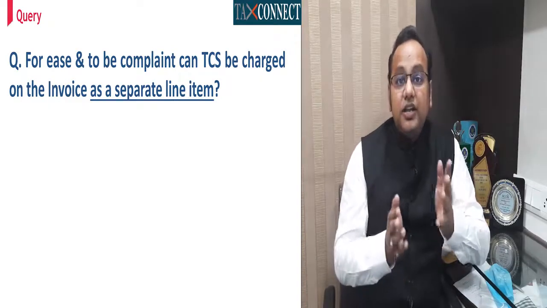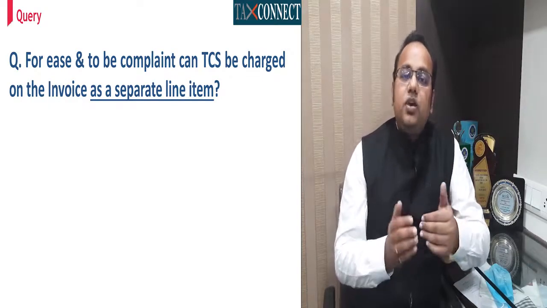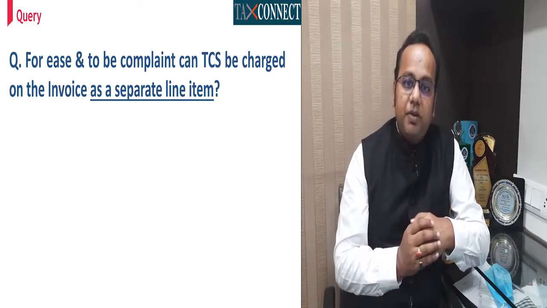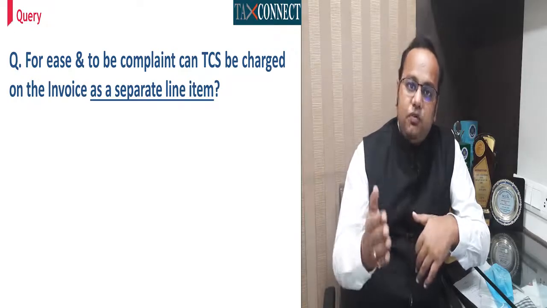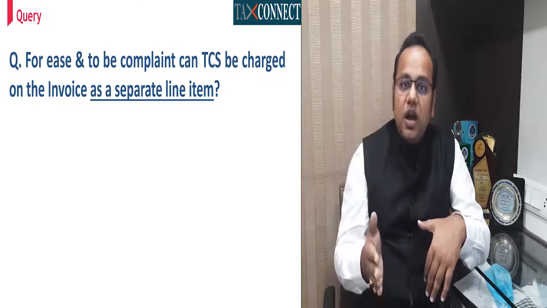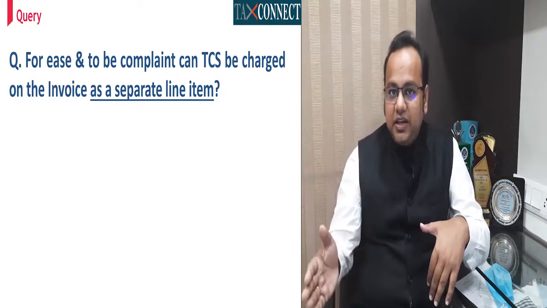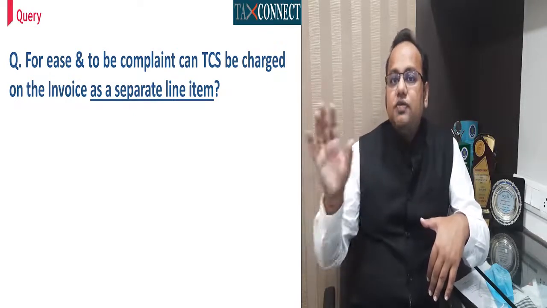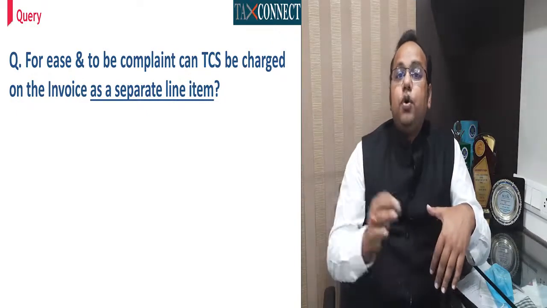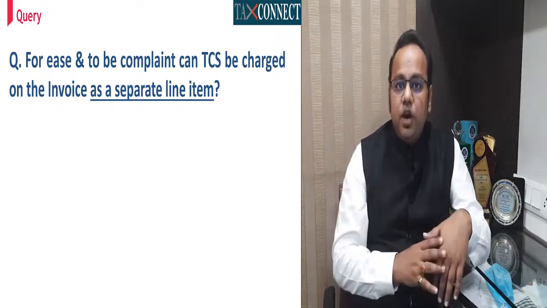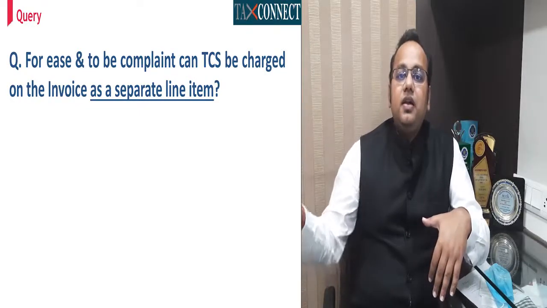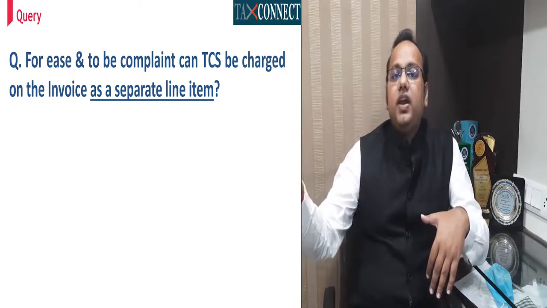Well, this is not written in the law, but I am only clarifying a practical difficulty which might be faced on implementation. So maybe on the invoice you can add two more columns. Taxable value 100, GST 18, total invoice value 118, add TCS 0.1%, say 0.18 rupees, total receivable 118.18.